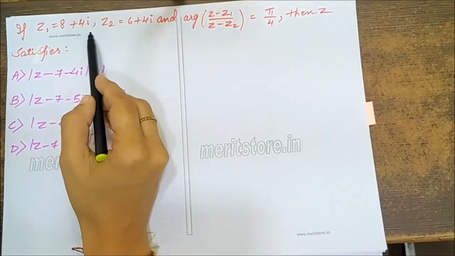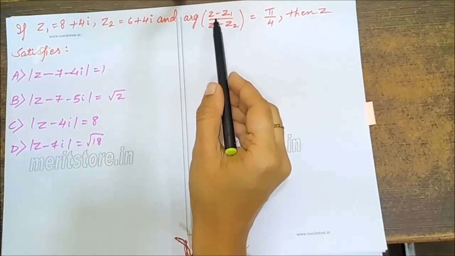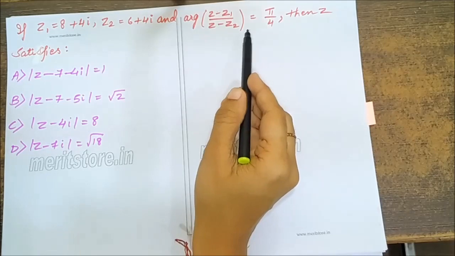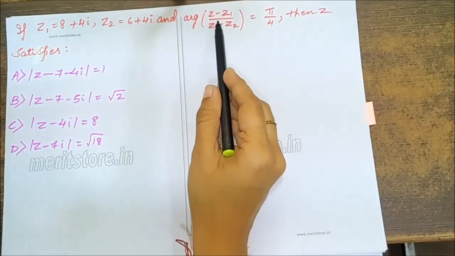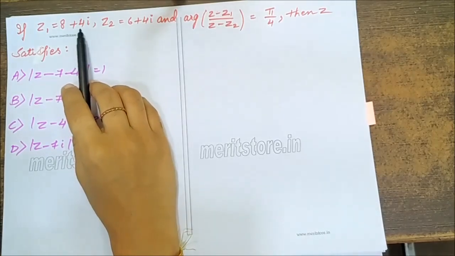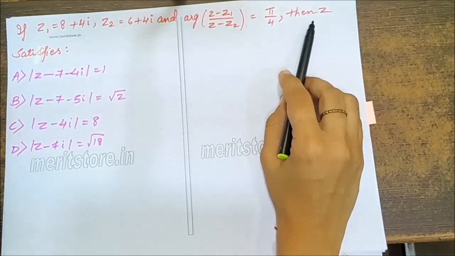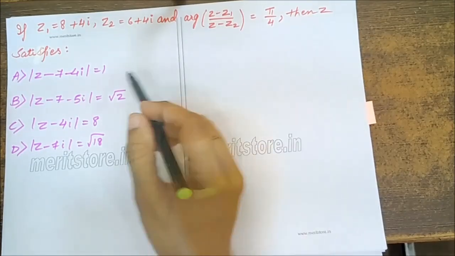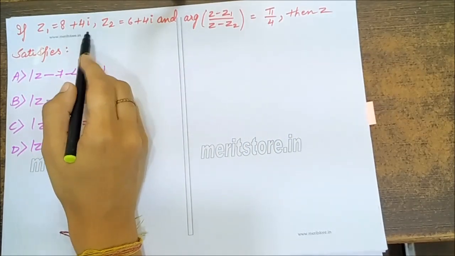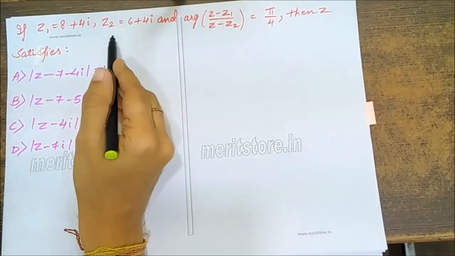If z1 is equal to 8 plus 4i and z2 is equal to 6 plus 4i, and the argument of z minus z1 upon z minus z2 is equal to pi by 4, then we will substitute the value z minus 8 minus 4i upon z minus 6 minus 4i is equal to pi by 4.